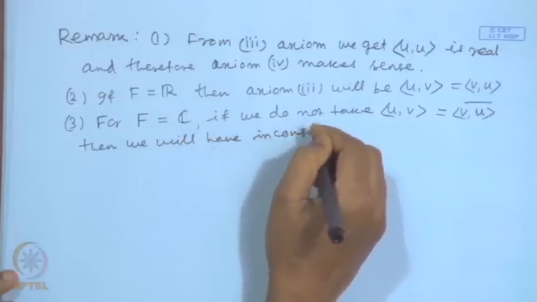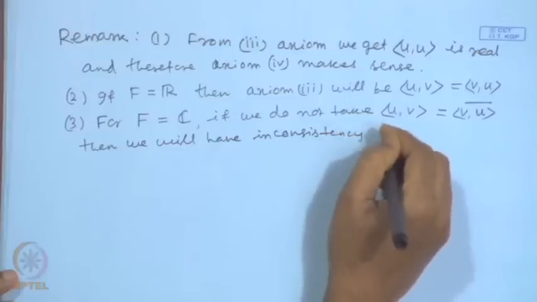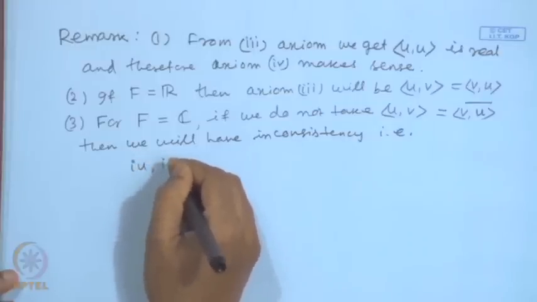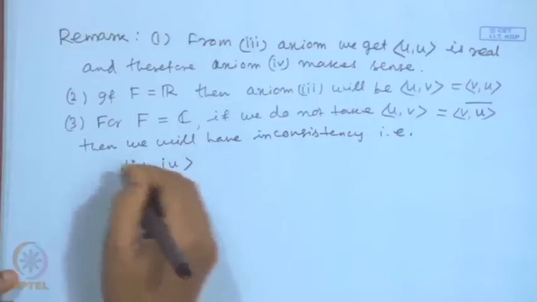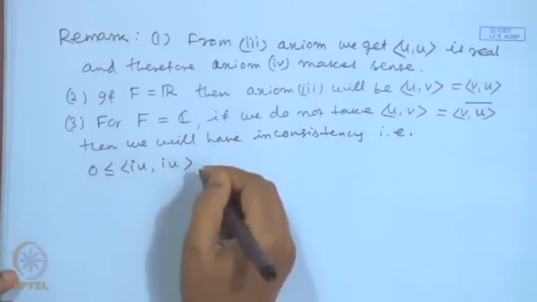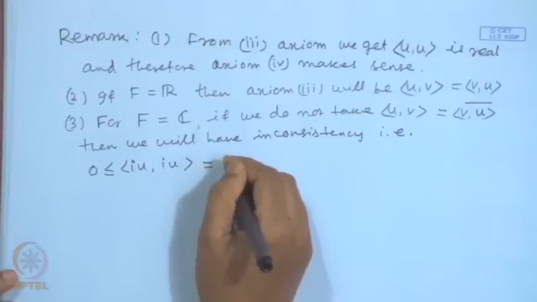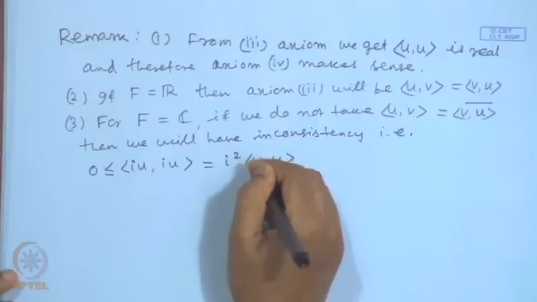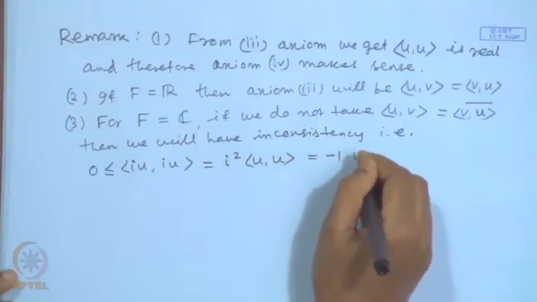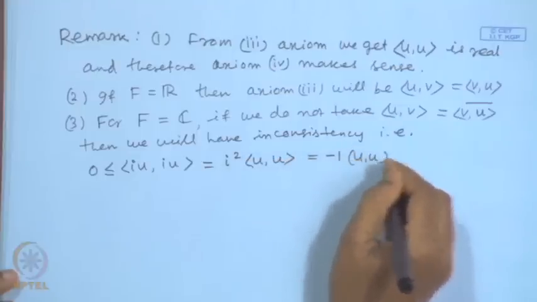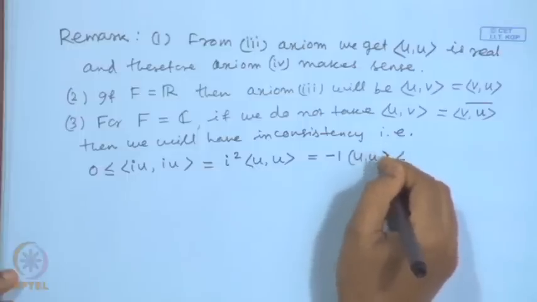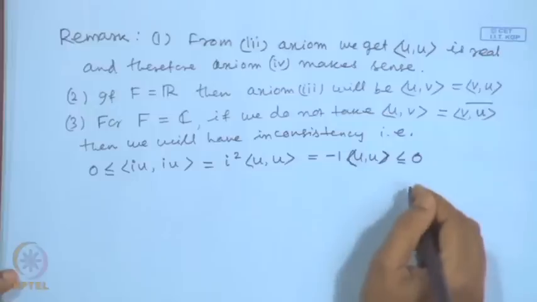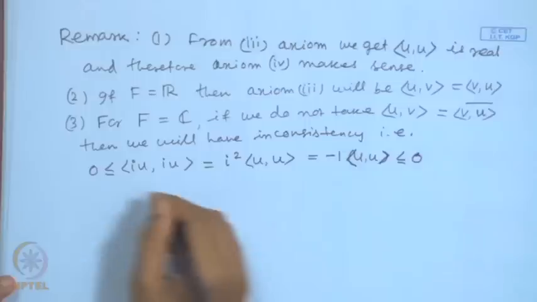That is, the inner product of iu with itself is greater than or equal to 0 from axiom 4, and this is equal to i square times the inner product of u with itself, and this is equal to minus 1 times the inner product of u with itself. So, this is less than or equal to 0. So, we have this inconsistency.